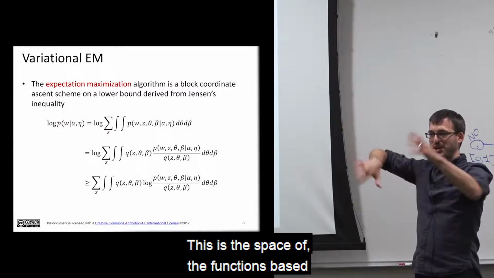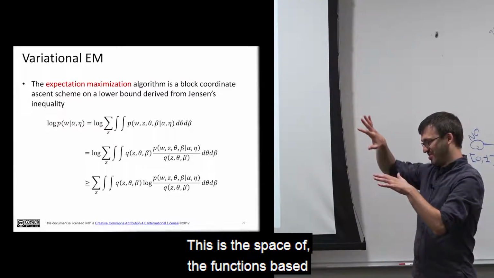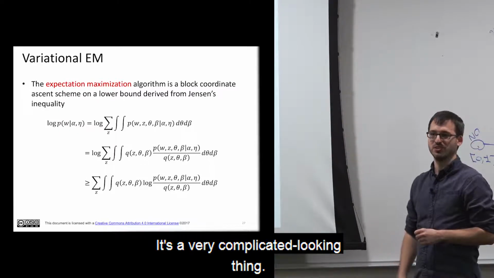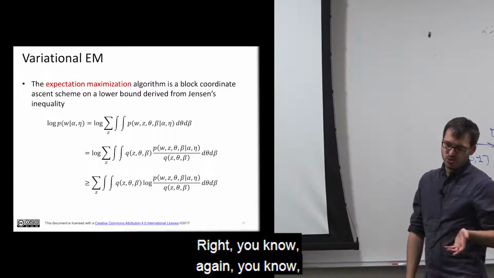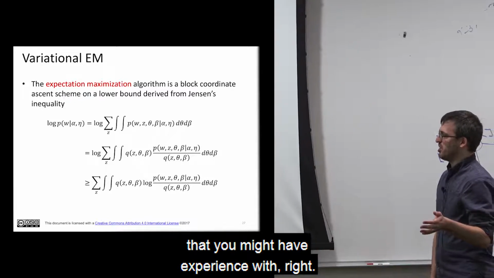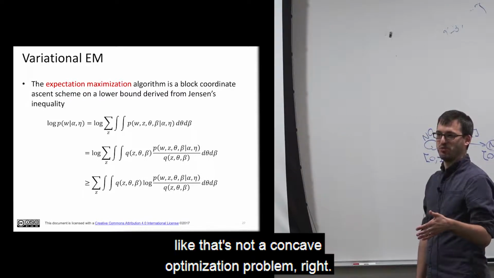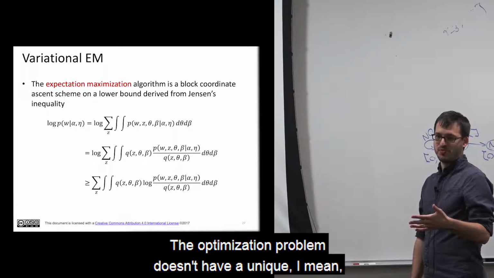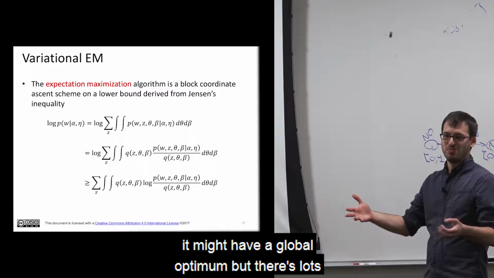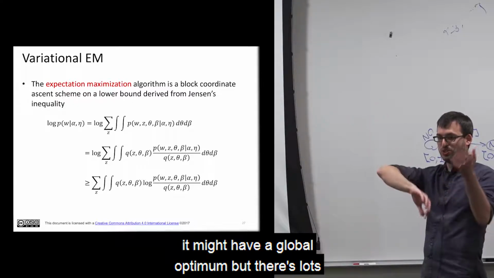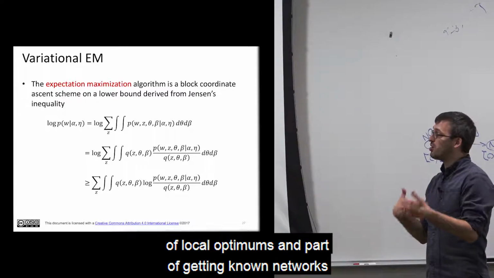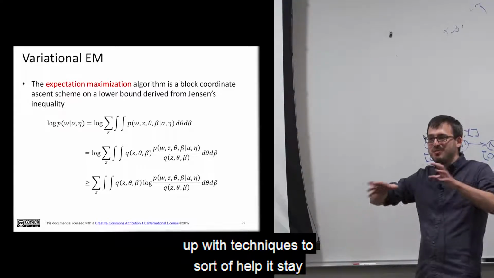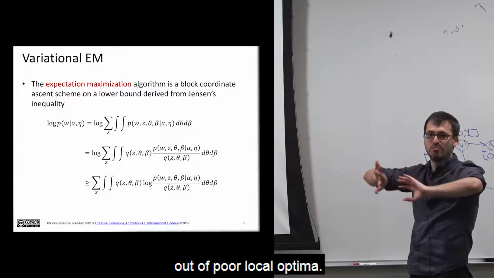The function space of this thing has lots of peaks and valleys. It's a very complicated looking thing. Again, to connect with some other things that you might have experience with, same thing with neural networks. That's not a concave optimization problem. It might have a global optimum, but there's lots of local optima. And part of getting neural networks to perform well is regularizing and coming up with techniques to help it stay out of poor local optima.